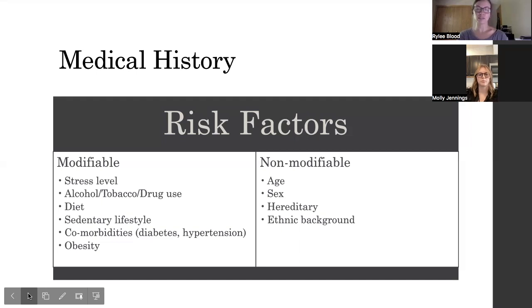Lastly, your ethnic background. Blacks, Hispanic, and American Indians are at a higher risk of having heart attacks based off of their lifestyle and determinants of health that actually impact their modifiable risk factors and increase their overall risk of having a heart attack.